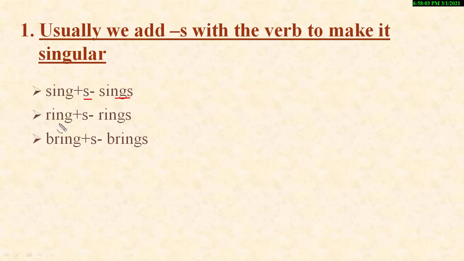The next verb here is ring. We add s with the verb, it becomes the singular verb rings. The next verb here is bring. We add s with the verb, it becomes brings. And all these verbs, as we have added s with them, become the singular verbs.